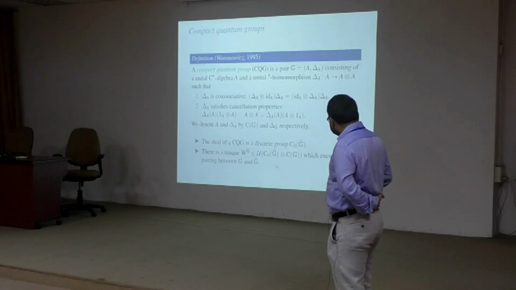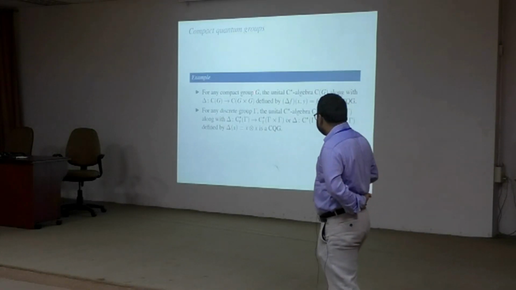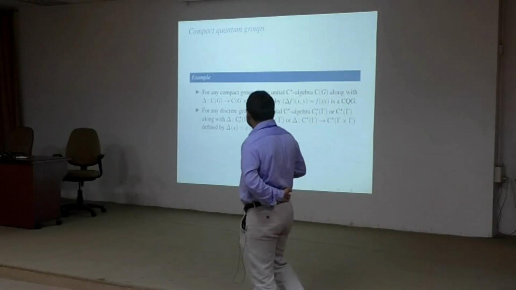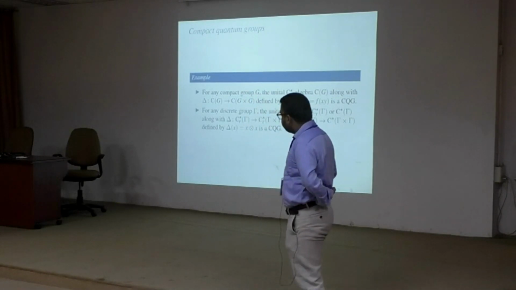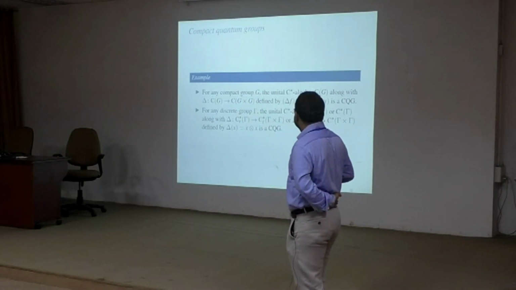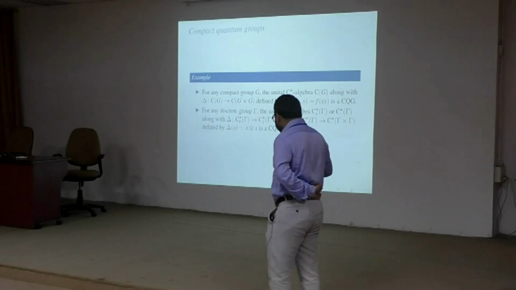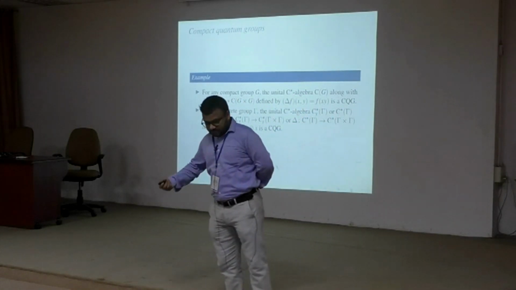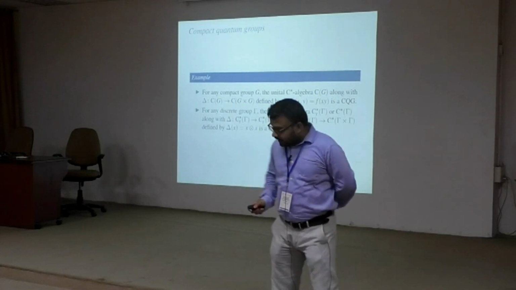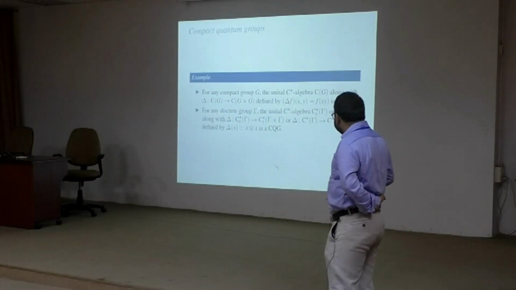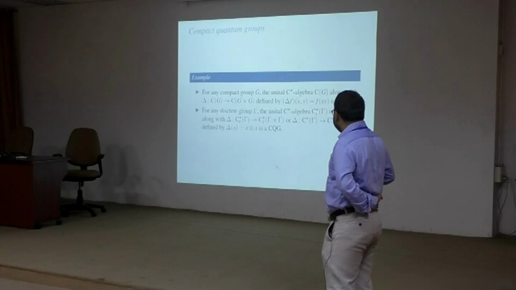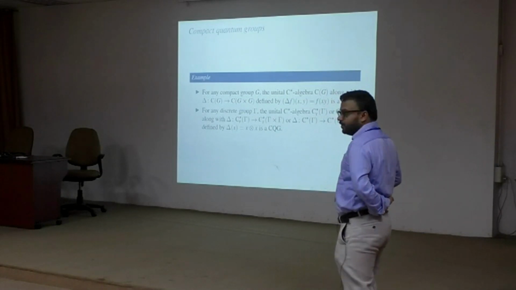And a standard example: if we have a compact group, then the algebra of functions forms a compact quantum group. If we have a discrete group, then the reduced group C-star algebra or full C-star algebra, both with respect to this group-like co-multiplication map, form a compact quantum group. One thing to notice is that for a given discrete group, one can associate two compact quantum groups.